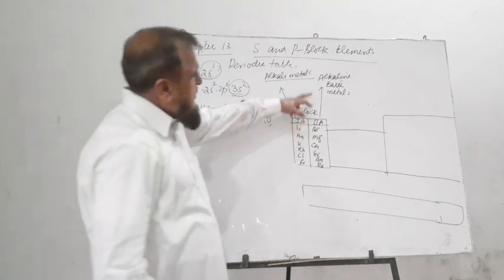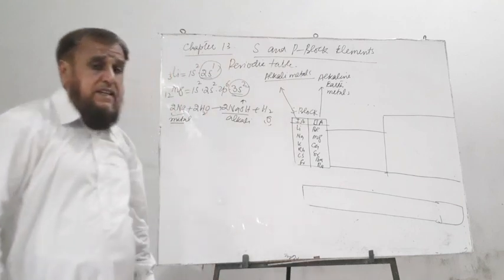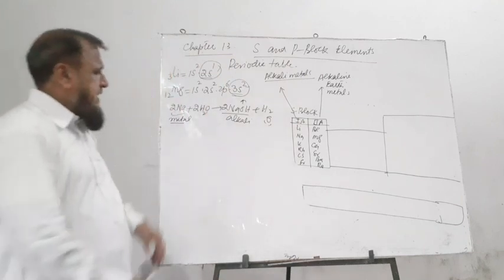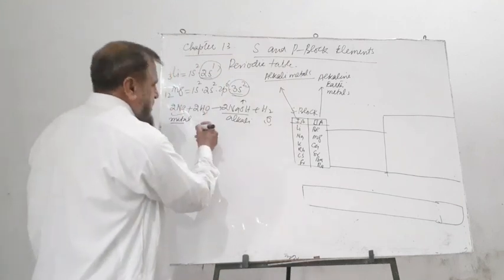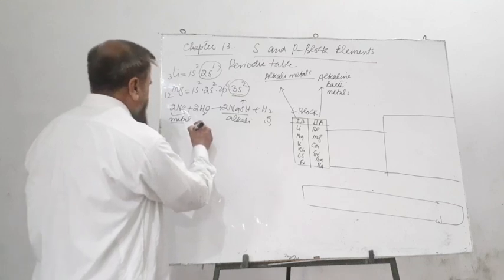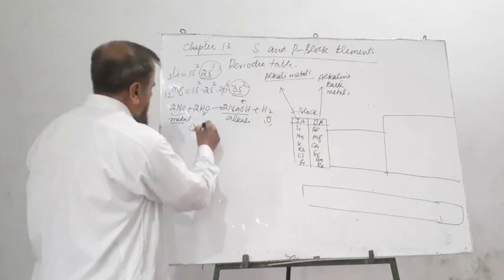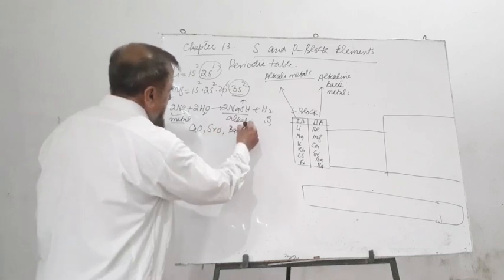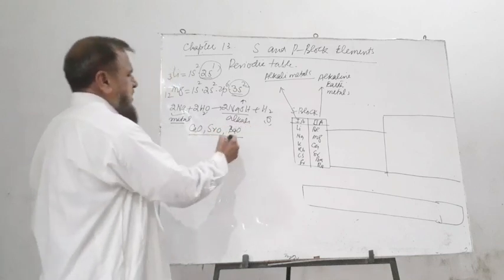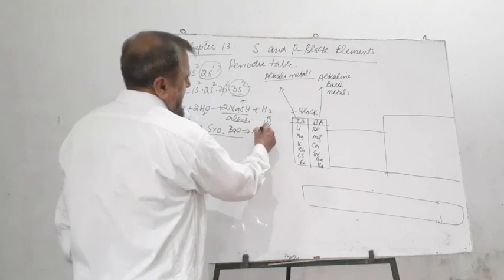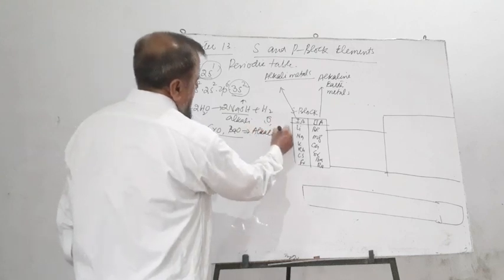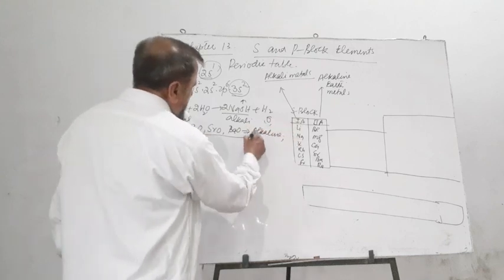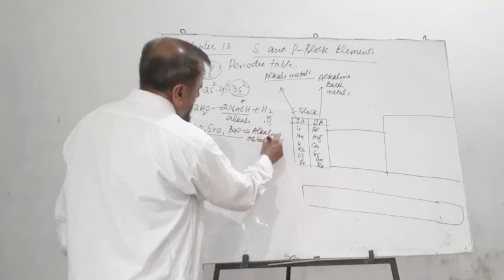Group 2A elements are known as alkaline earth metals. The reason is that the oxides, calcium oxide, strontium oxide and barium oxide, BaO, are alkaline in nature, basic in nature, and obtained from the earth crust.